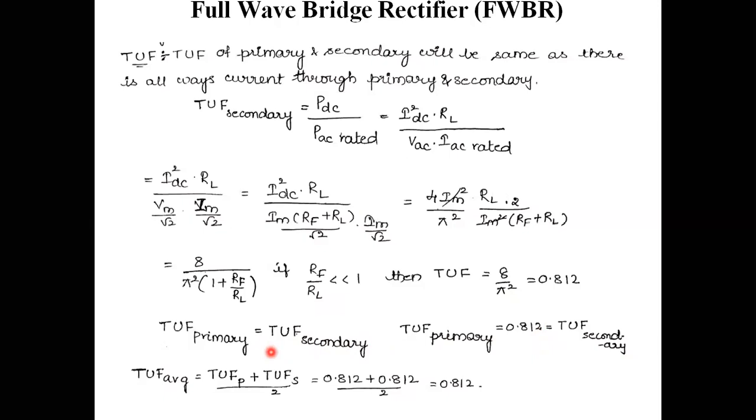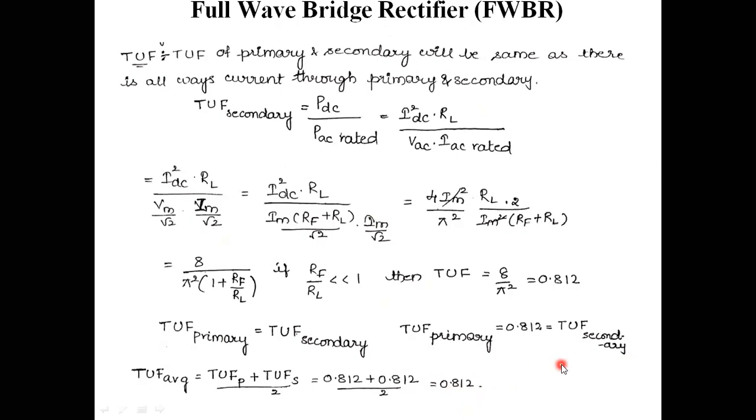Therefore, TUF primary is equal to TUF secondary, and it is given as 0.812. The TUF average is equal to TUF primary plus TUF secondary by 2, that is 0.812 plus 0.812 by 2, which is equal to 0.812. The final term we have obtained is 0.812, in terms of percentages 81.2%.